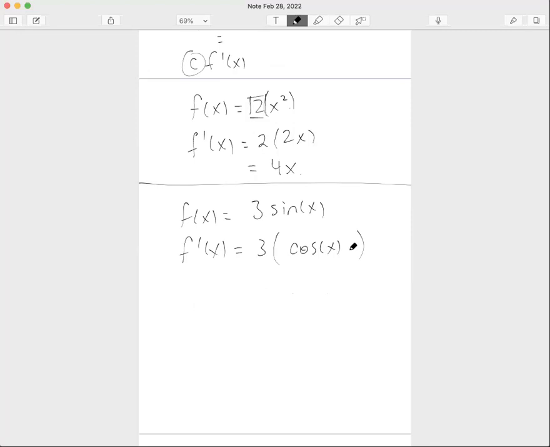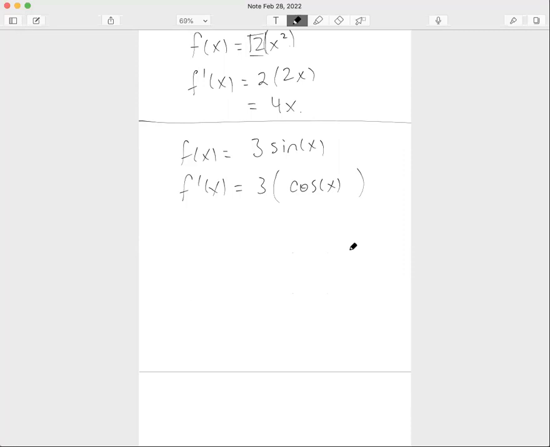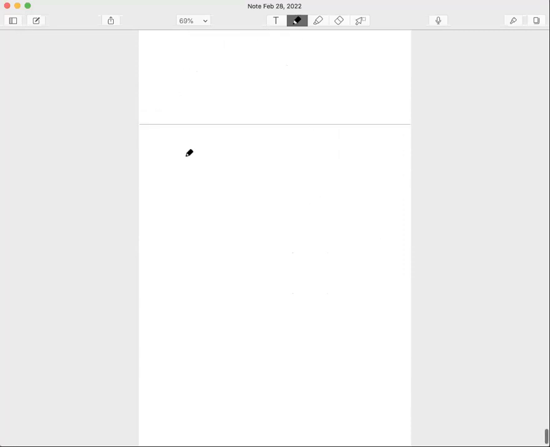So a few minutes left. Let's boil down what we did today. I'll be posting a recording. We did the power rule: if my function is some power of x, the derivative is the power times x to the power minus 1.